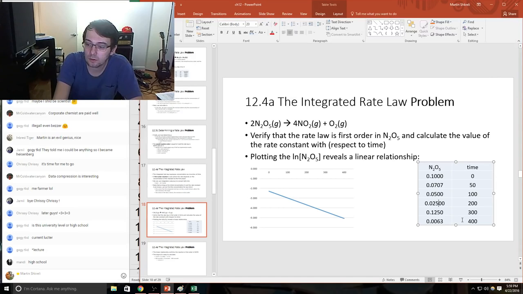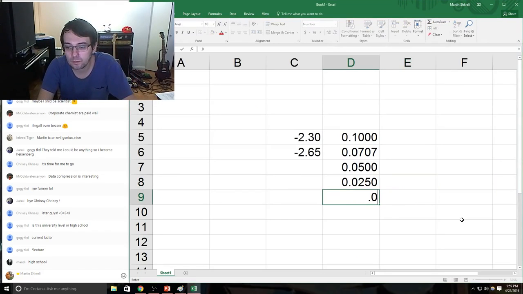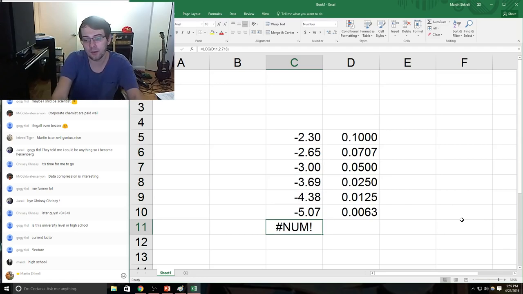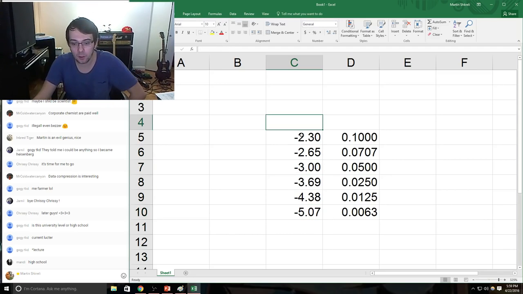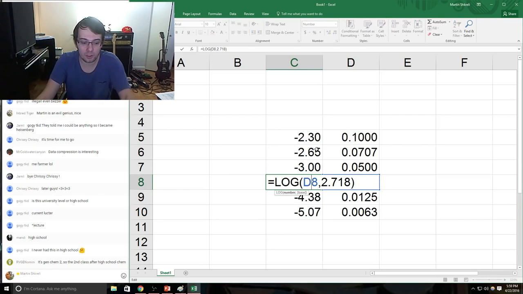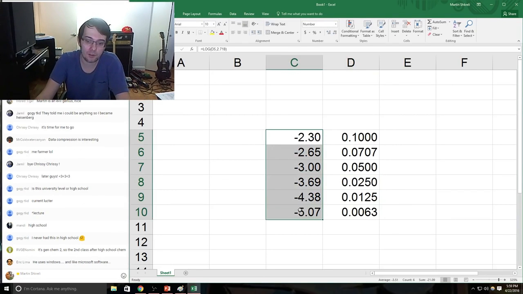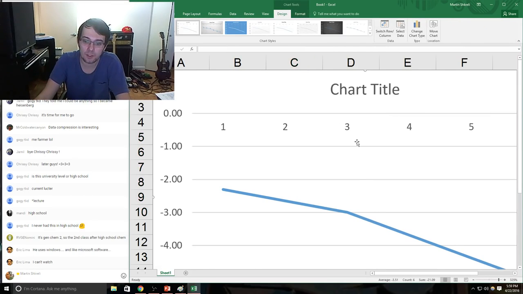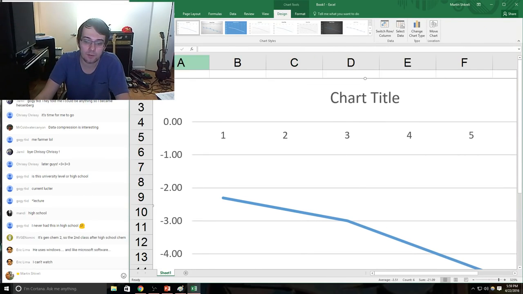I'm glad you guys caught it. There we go. You can see this is how I got these numbers, negative 2.3 all the way down to negative 5, and these are all log transformed for the natural logarithm. And if we graph it, it comes out as this really nice looking graph.